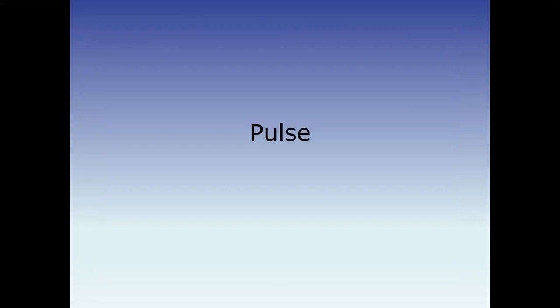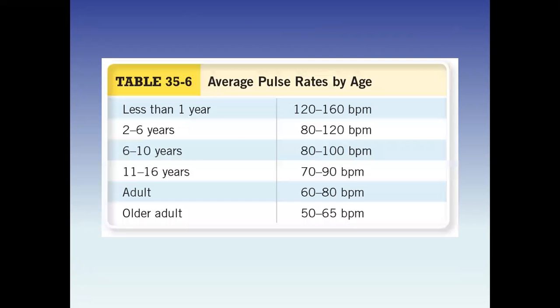And we're going straight to pulse. The average pulse rate for age less than 1 year would be 120 to 160 BPM. Age 2 to 6 years is 80 to 120 BPM.